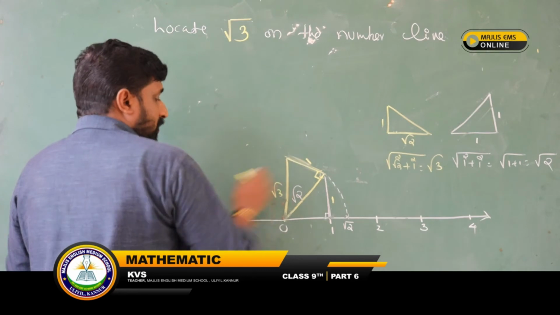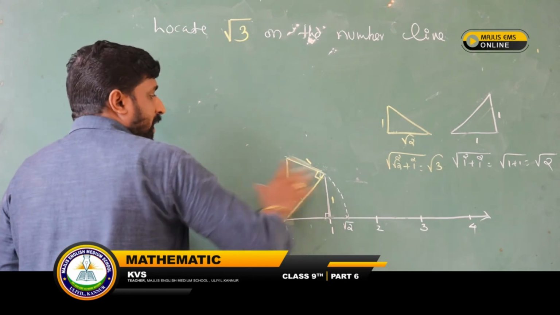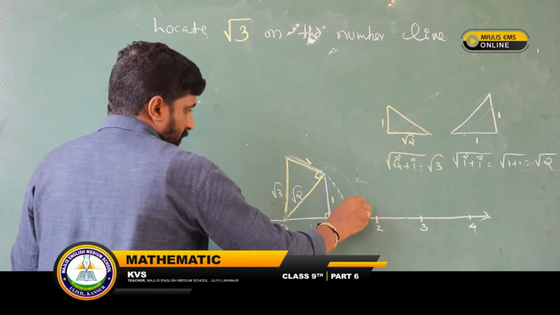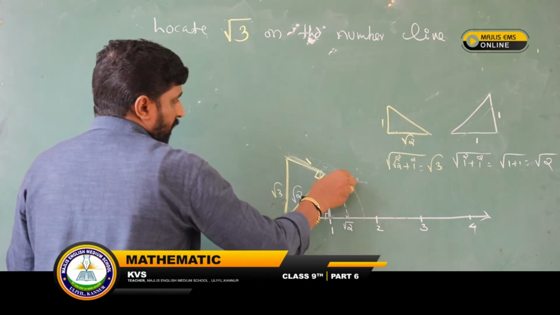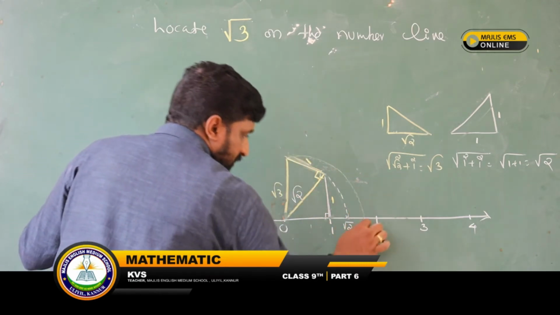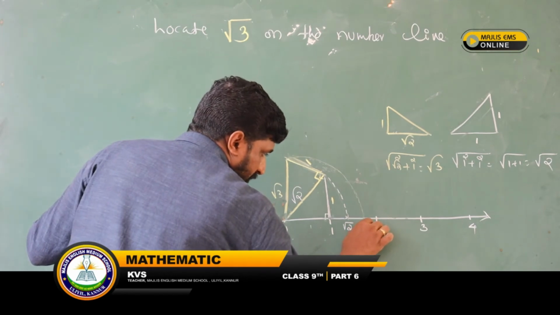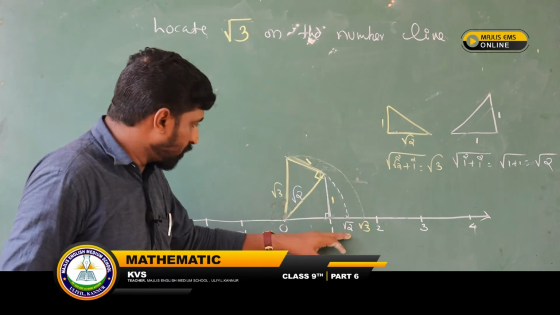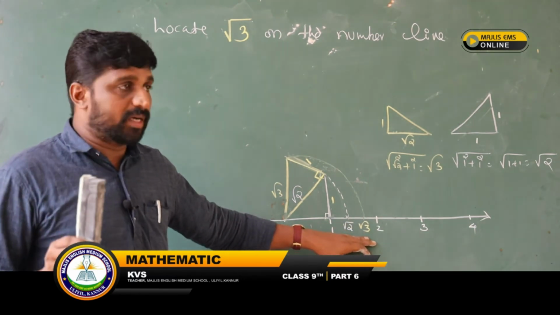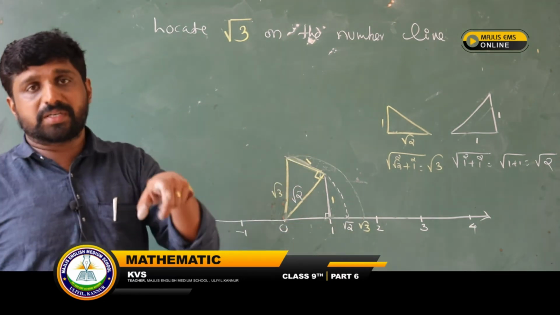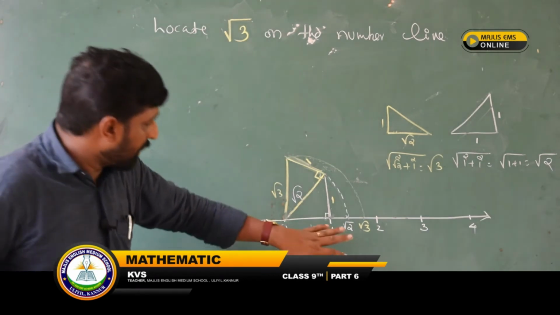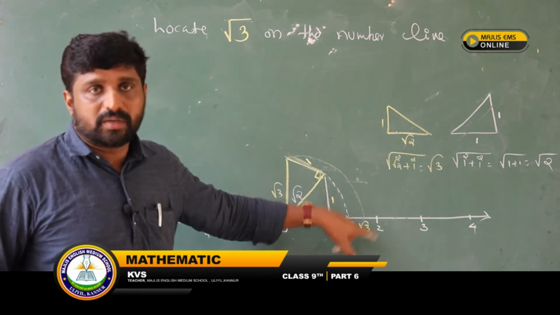Again take your compass to this width and draw an arc like this that will intersect the number line, and this point we consider as root 3. Therefore, for the construction of root 3, first we need root 2. Based on that, we can construct root 3. Like this, we can construct root 3.